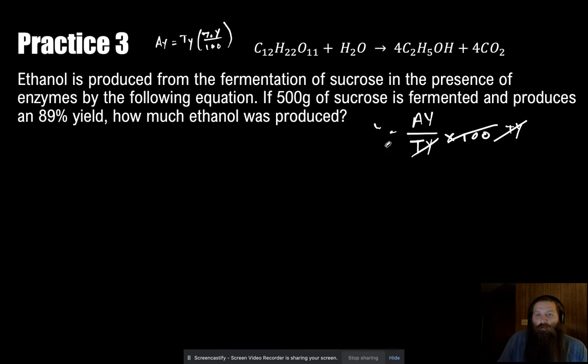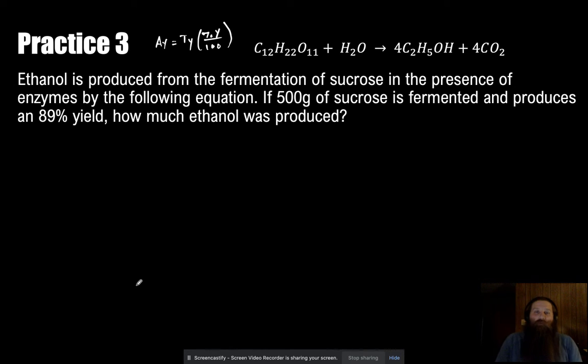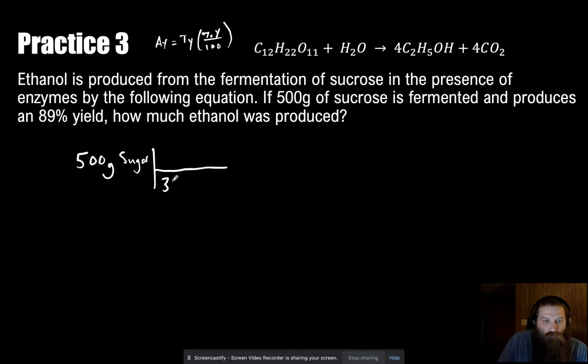Now, based on that formula, we still need to find theoretical yield. Theoretical yield is a mathematical concept. It's very common for us to need to find that. So let's find it. We've got 500 grams. We're just going to say sugar because we know that sucrose is table sugar now. We know that sucrose is 342.297 grams in a mole.